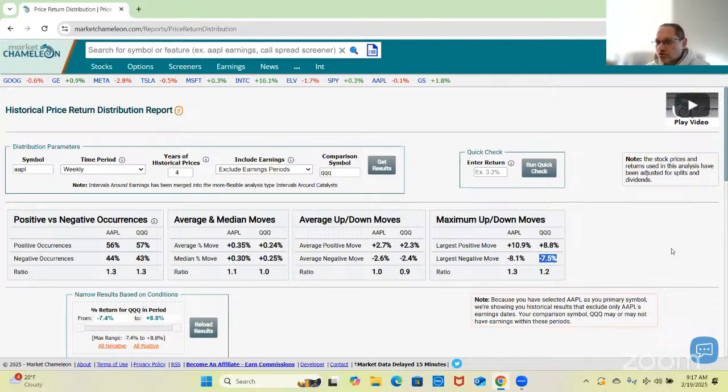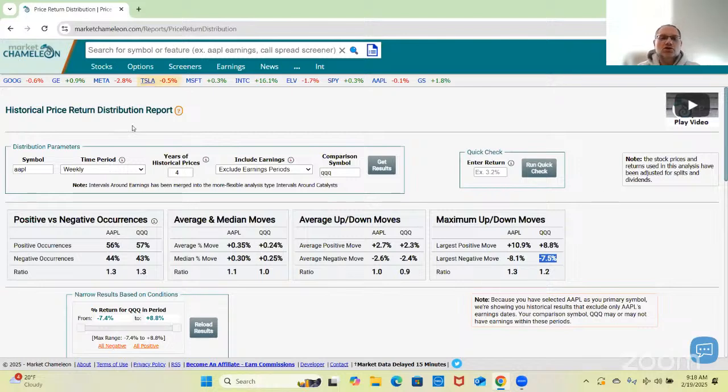If we see the QQQ larger than the Apple, well, what's up with that? The data doesn't suggest that, or very close together, or very wide apart. So we could run those analytics and see if there's potential hedging or trading opportunities around those options.